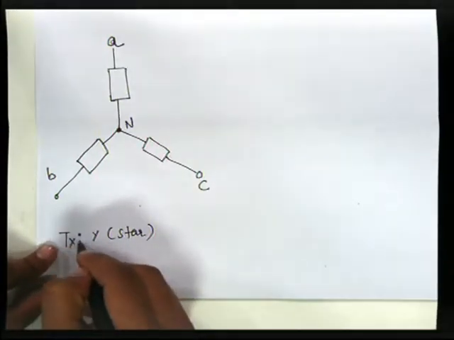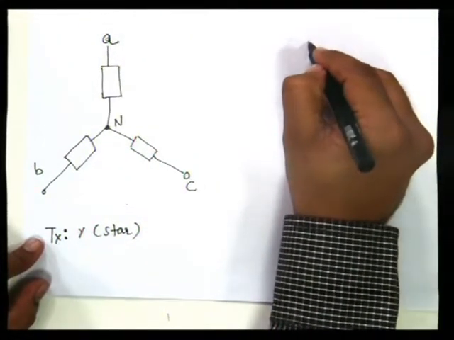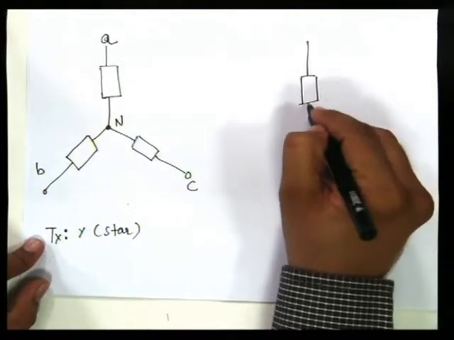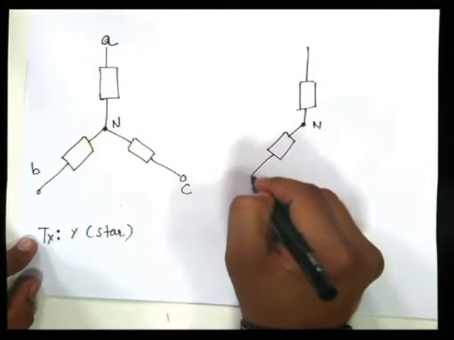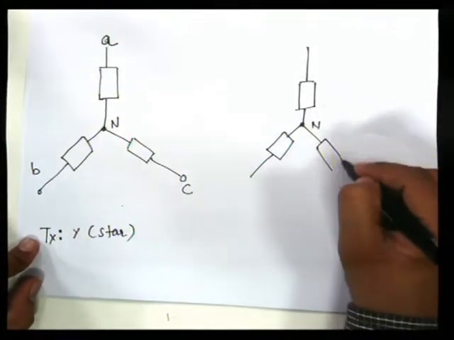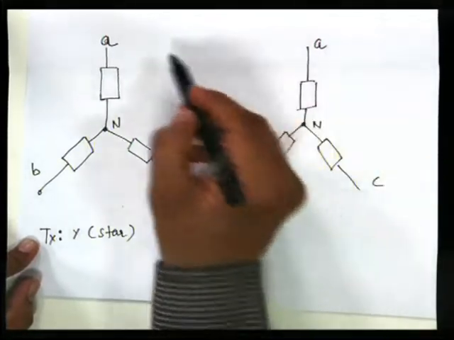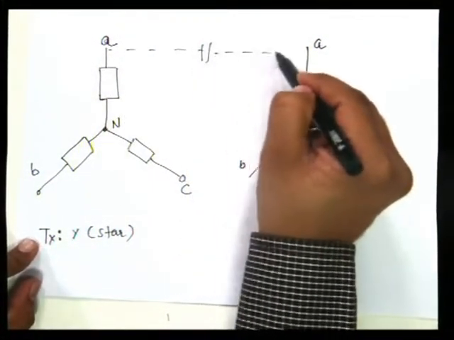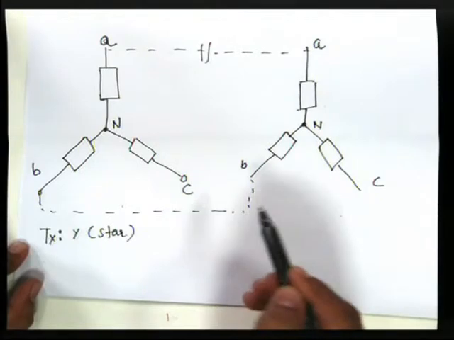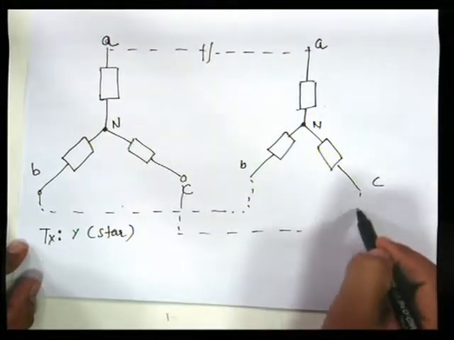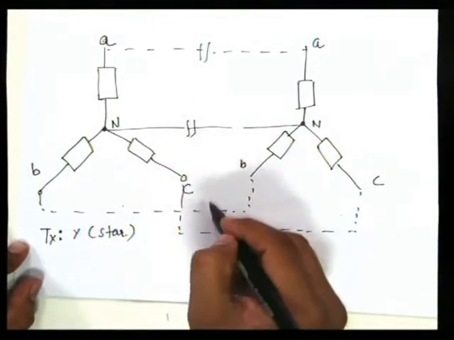At the TX side, the same thing happens at the receiver: the A, the B and the C. So just combining A to A, B to B and C to C, and here the neutral is also connected.